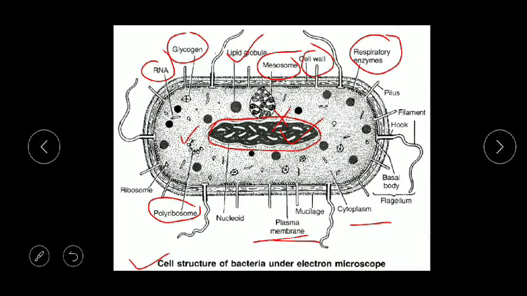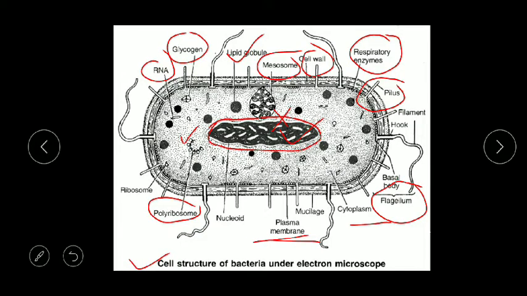So the glycocalyx, the cell wall and the plasma membrane combinedly form a cell envelope. We will deal with this in detail. Besides that, you will find a flagellum which is protruding outside. You will find some pili also. So we see all these things in this structure.